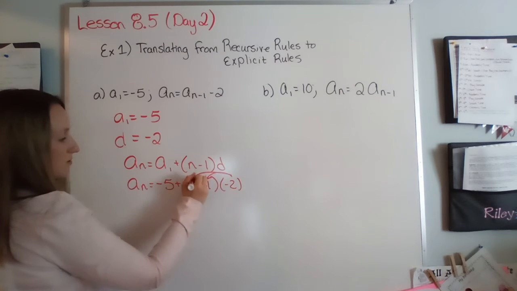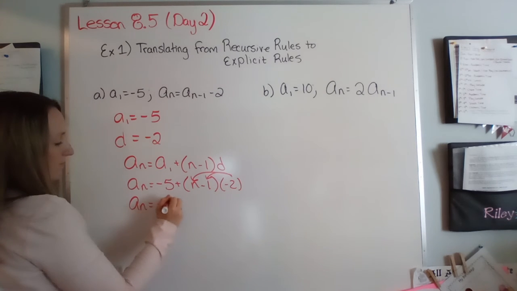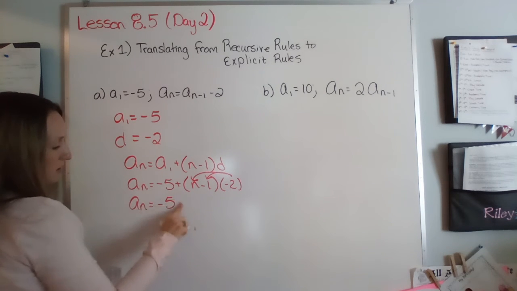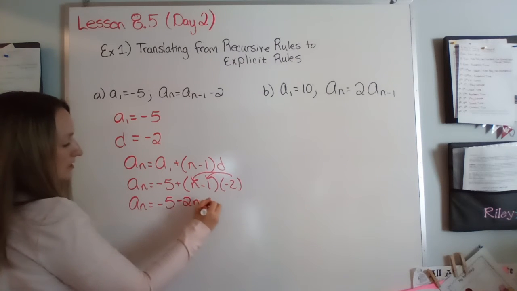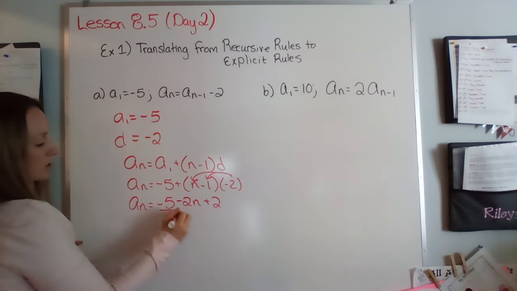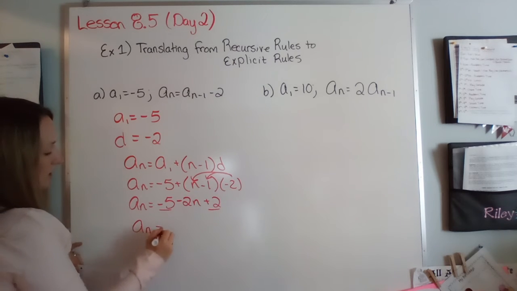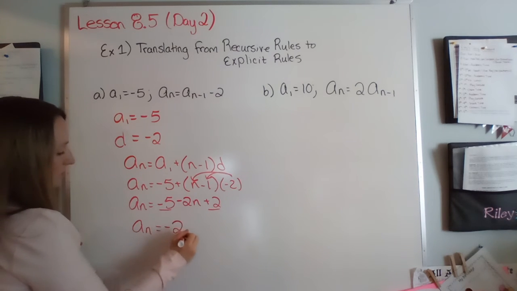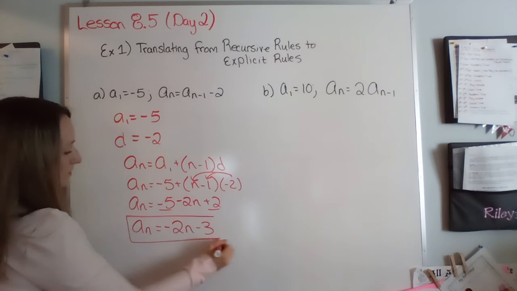Distribute that -2 into the parentheses. So a sub n equals -5 plus, it's going to be minus 2n plus 2. And then combine your like terms, -5 and +2 will leave you with a -3. So a sub n equals -2n minus 3.